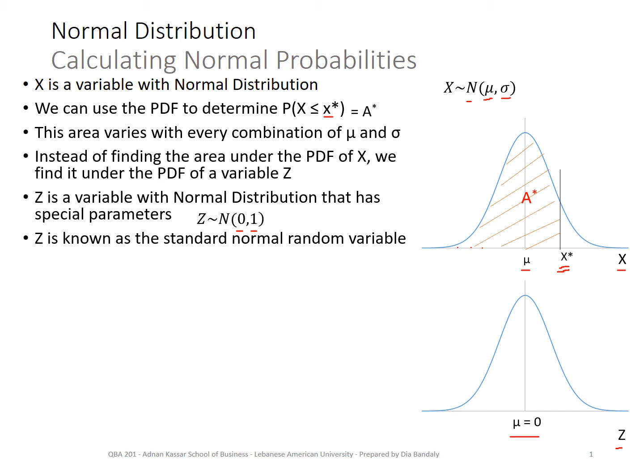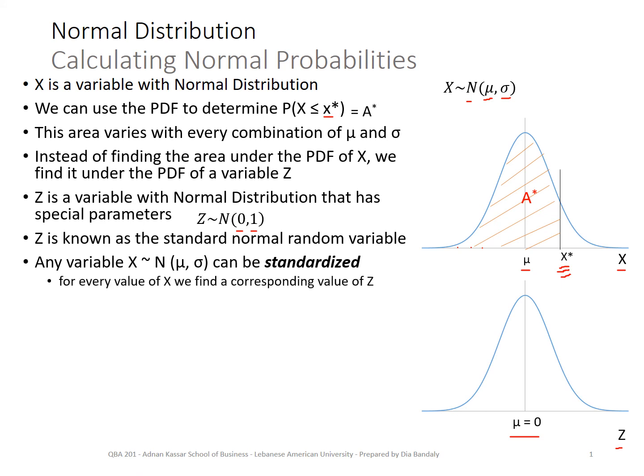Because we have this very peculiar curve that has a mean of 0, standard deviation of 1, they did this exercise of finding the area for any value of z. Okay, so the question is here, how do I find the value of z that corresponds to my critical value x star? And this is what we mean by standardizing x. Okay, so we standardize x, meaning that we find for any value of x its corresponding value z.